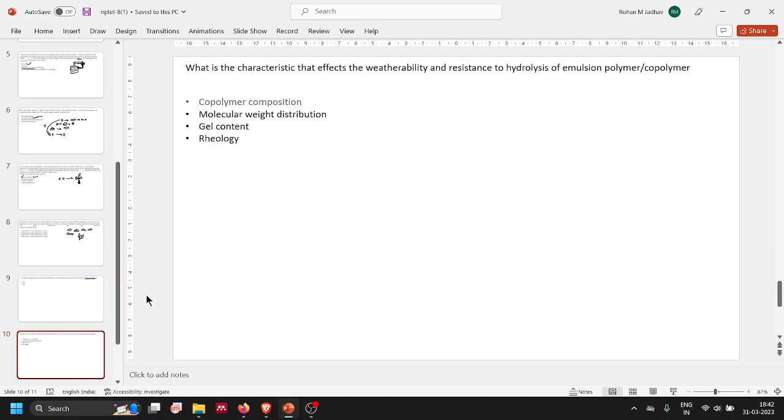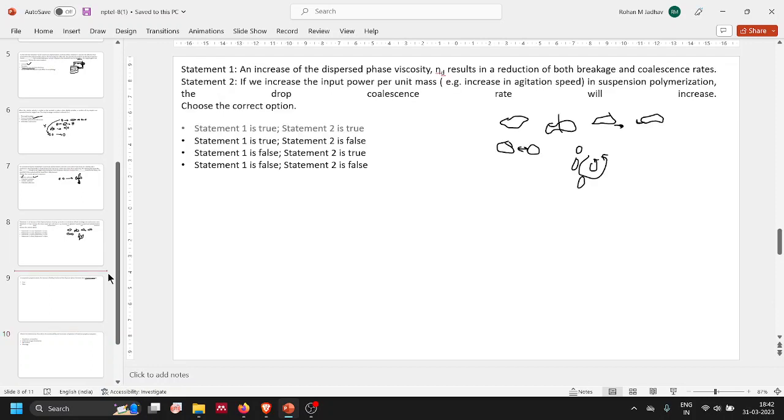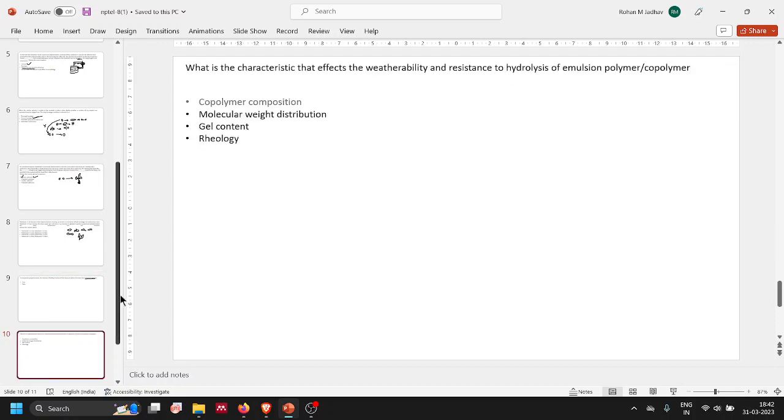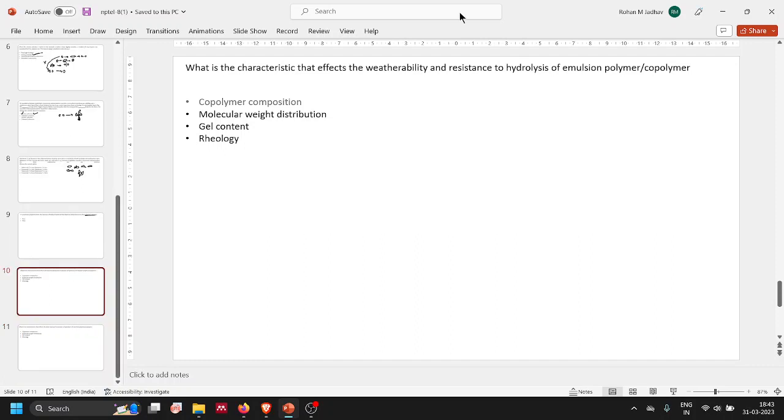What is the characteristic that affects the weatherability and resistance to hydrolysis of emulsion polymer or copolymer? So we have four options here: copolymer composition, molecular weight distribution, and gel content. Gel content comes under polymer architecture, which describes its different properties, and the same goes for rheology.